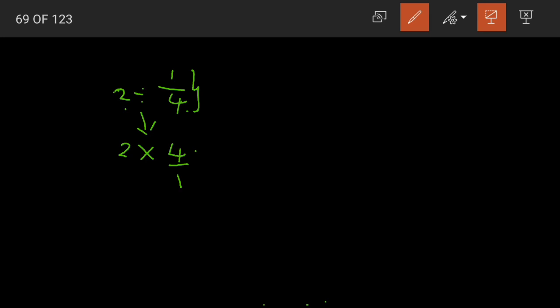It is nothing but 4 by 1. The numerator and denominator get interchanged. We write the reverse of it. So 2 into 4 by 1 is nothing but, how do we multiply these two? 2 into 4 divided by 1, that is 8 divided by 1, which is equal to 8.